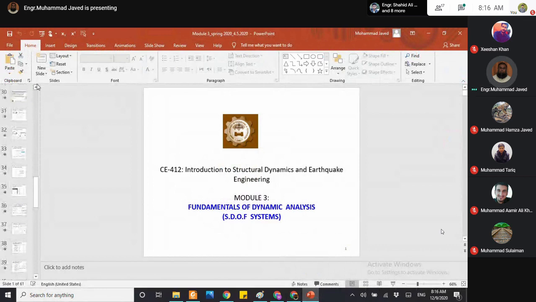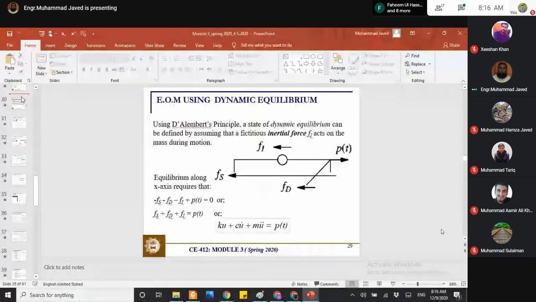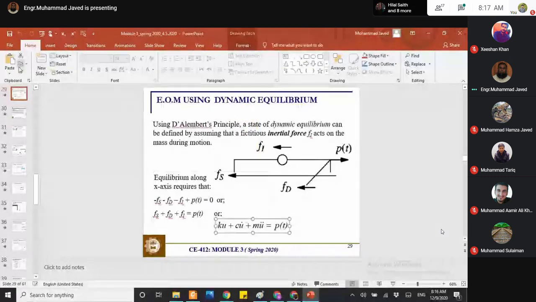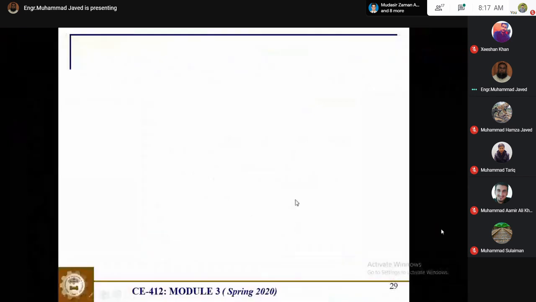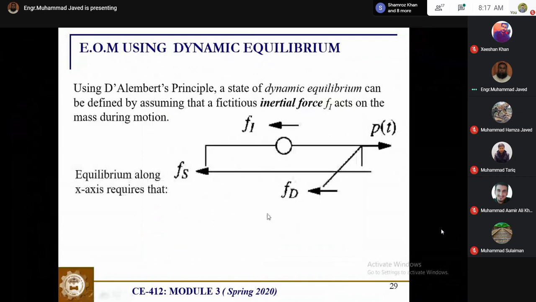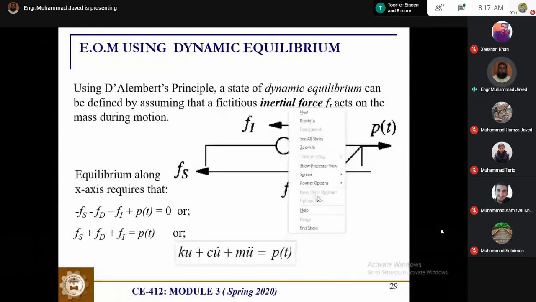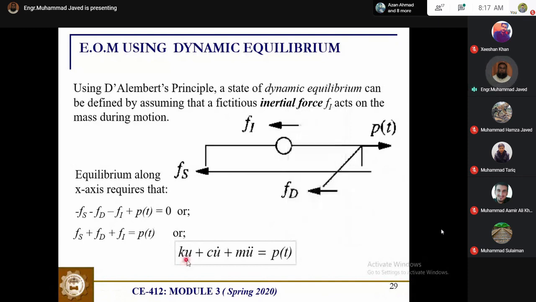Now, if you remember, if you follow movement of cursor, this is the equation of motion.